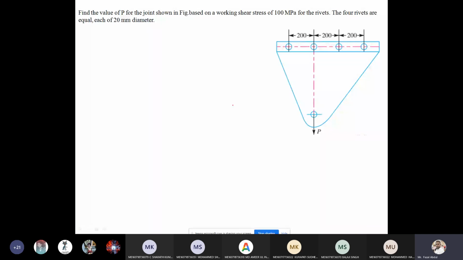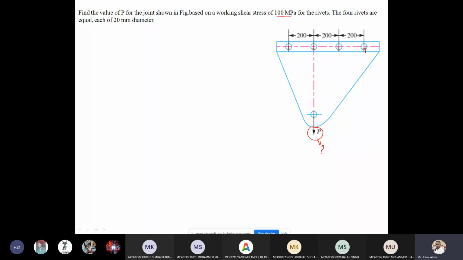So see here, this is another type of question. The question is given, find the value of P. How much force P is applying here. As shown in the figure, the working shear stress of 100 megapascal is given. 4 rivets are given here: first rivet, second rivet, third rivet, and fourth rivet.